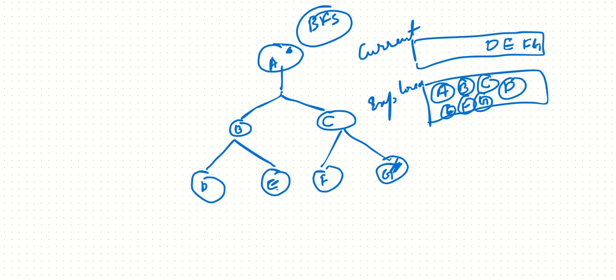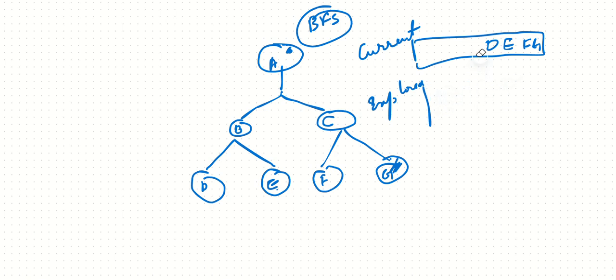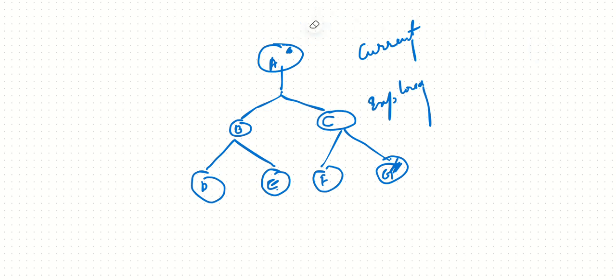Now let's see how it works for DFS. Current is A. In DFS we are working on the principle of depth first search, called LIFO, so the last in will be the first out.